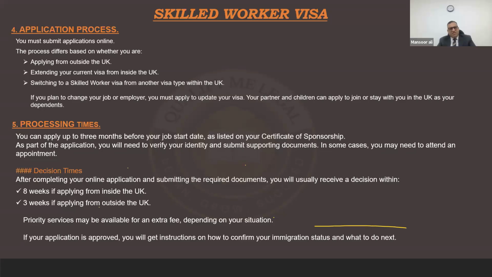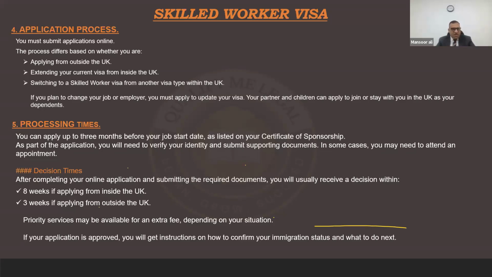You can get your job description once your COS has been allocated to you or given to your employer. They're going to give you a COS letter, and from the COS letter you can get a job description. Most of the time the Home Office poses questions about the job description, whether you can do that job or are in a position to do that job in the UK. These are the questions they're going to pose.